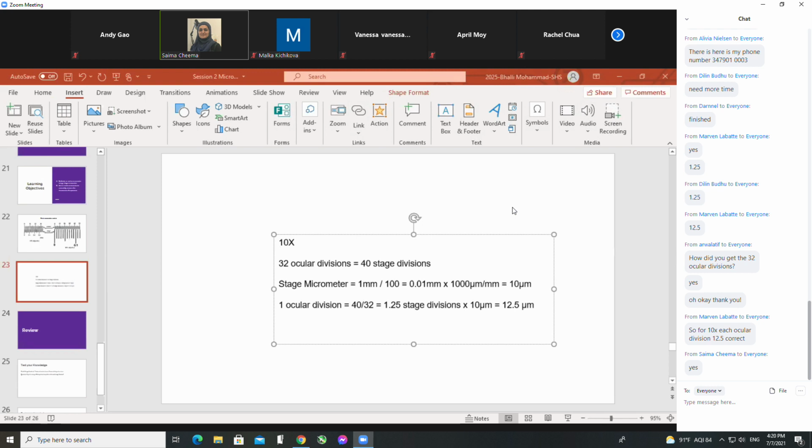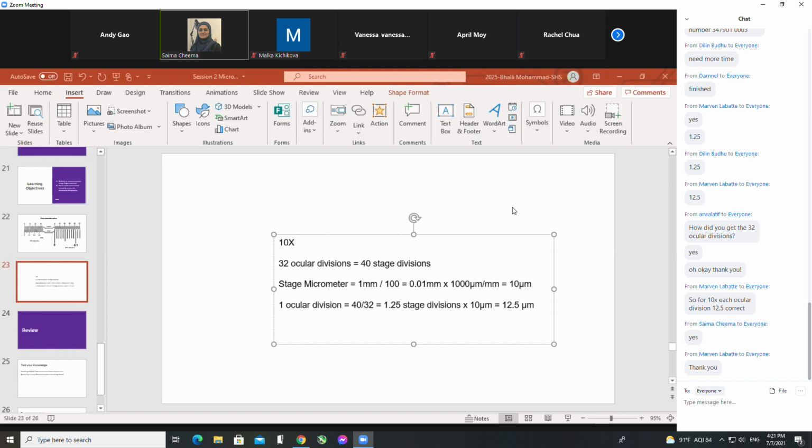That's what we're trying to calibrate today. The ocular divisions are still going to be 32 at 40x, but the stage divisions are going to be fewer, and at 100x even fewer. The formula and everything else is the same, yes. Okay, thank you.